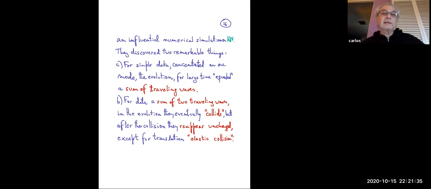The second thing that they observed numerically is that if you start with two traveling waves and evolve by the Korteweg-de Vries equation, the two traveling waves will collide. They hit each other, but after the collision, they reappear unchanged, except for translation. They called this an elastic collision, because they re-emerge as if the equation was a linear equation instead of a nonlinear equation. And this was a very interesting observation.